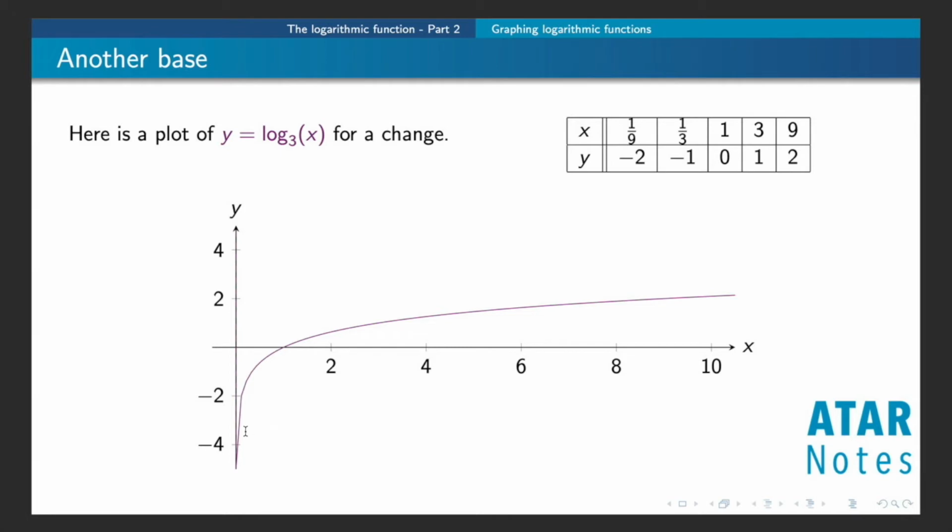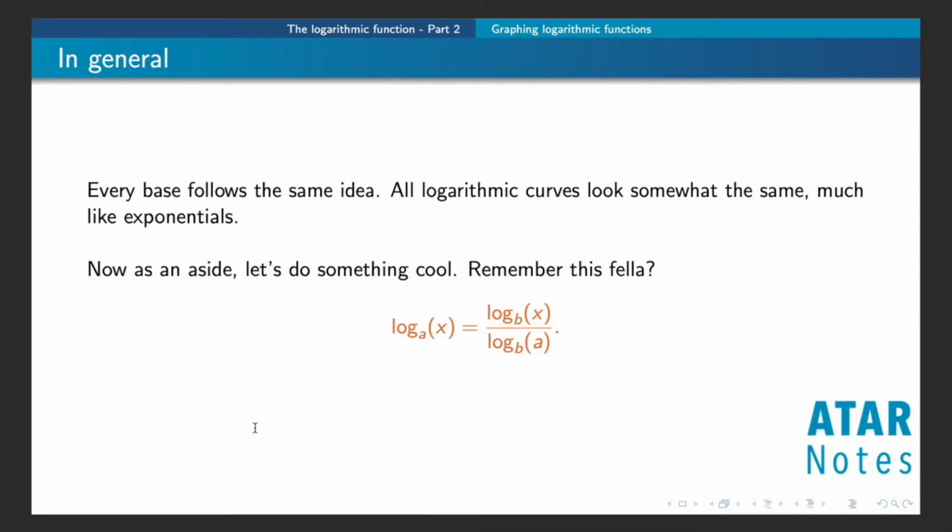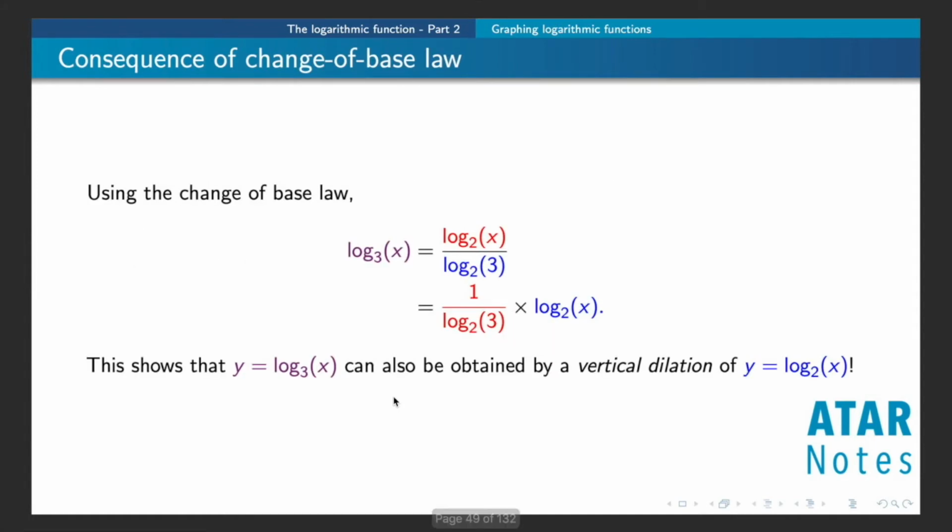It takes the same shape as y equals log base 2 of x, it's just that it looks a bit more squashed downwards. But depending on how well you know the change of base law, you'll find that changing the base of a logarithm has the same effect as doing a vertical dilation, a dilation about the x-axis.